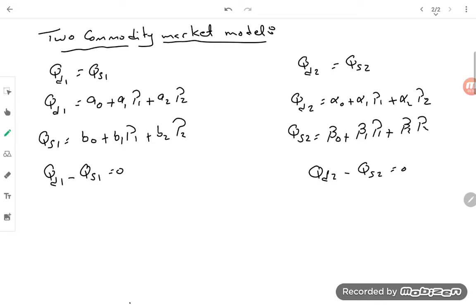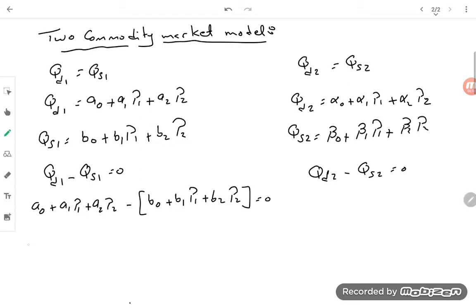Now we are going to substitute QD and QS in the equation. So it will be A node plus A1 P1 plus A2 P2 minus B node plus B1 P1 plus B2 P2 equals 0. Now we can combine similar terms together.